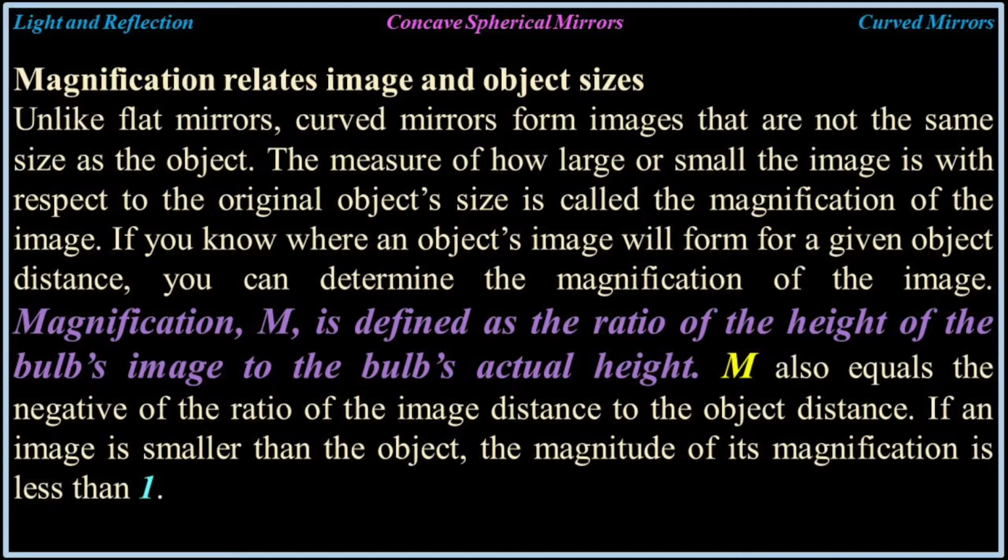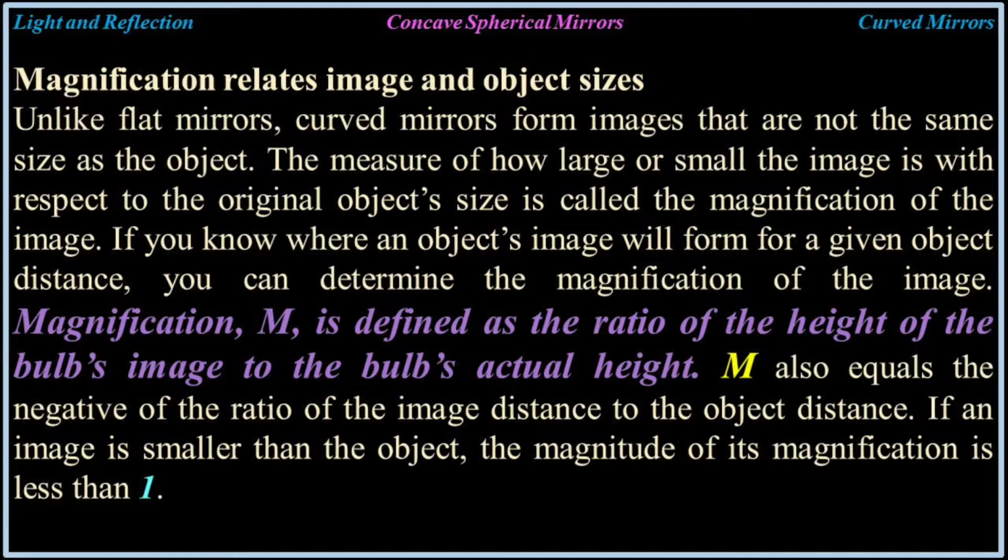If you know where an object's image will form for a given object distance, you can determine the magnification of the image. Magnification M is defined as the ratio of the height of the bulb's image to the bulb's actual height. M also equals the negative of the ratio of the image distance to the object's distance.